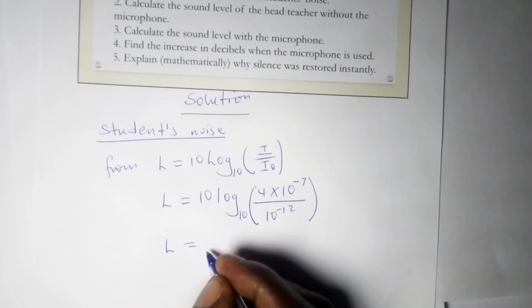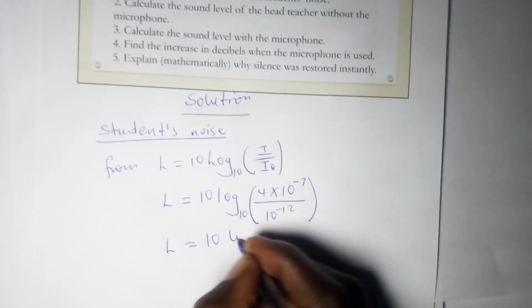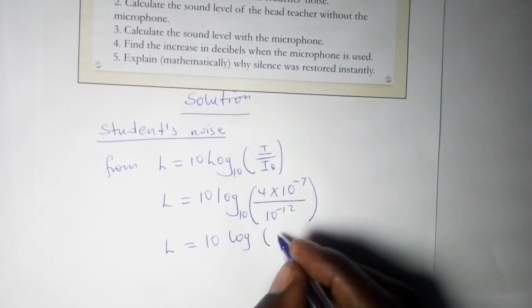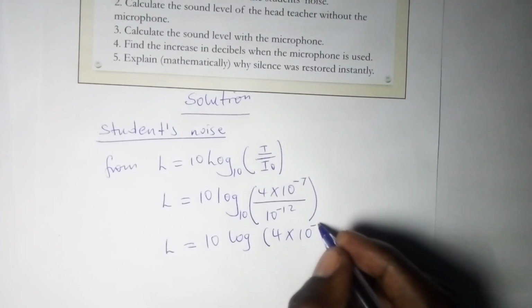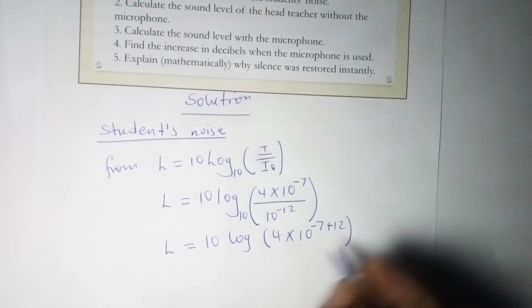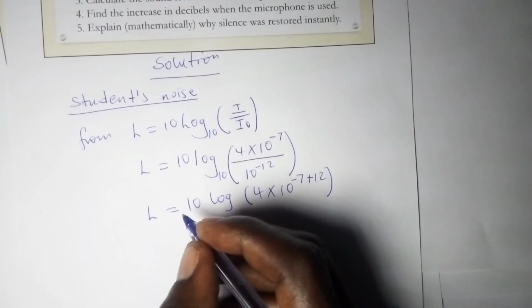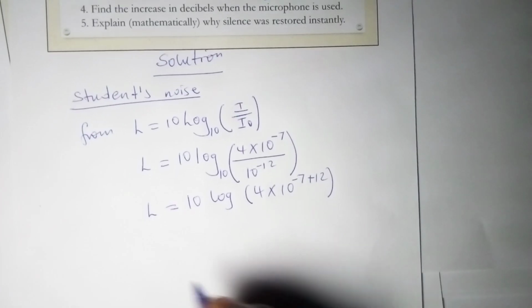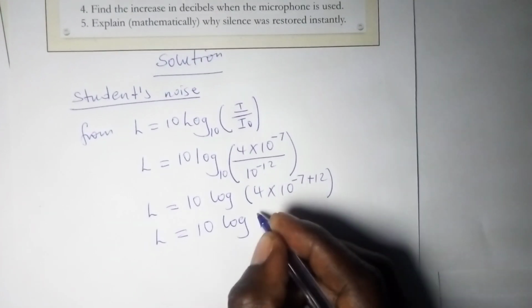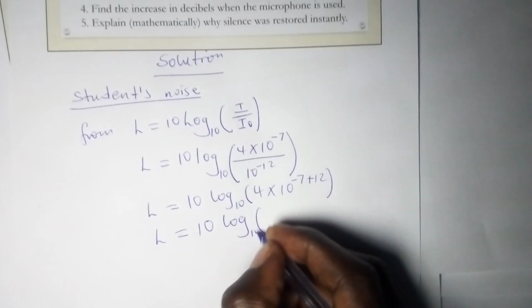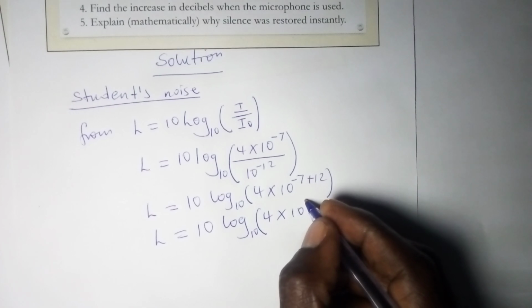So L equals 10 log of 4 times 10 power negative 7 plus 12, that is 4 times 10 to power 5.